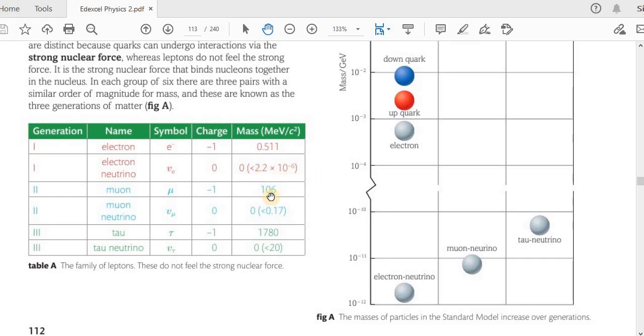See here, this, and even this one, right? So 0 less than 20, 0.51. Okay, so you can see here from this table, I think it's easier to see electron neutrino, tau neutrino, muon neutrino.